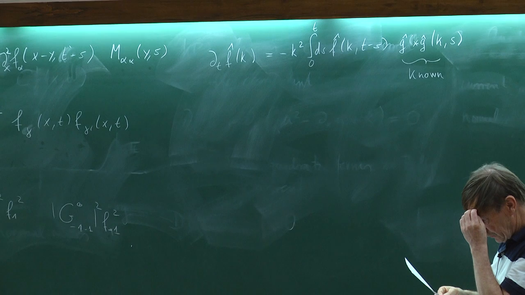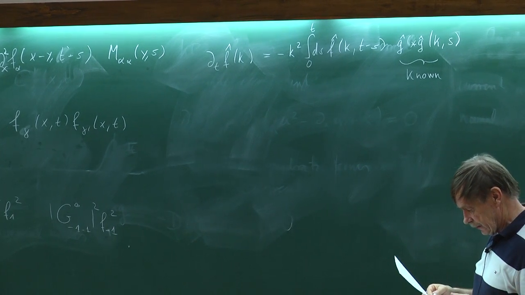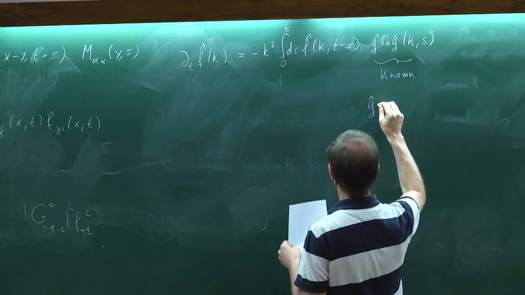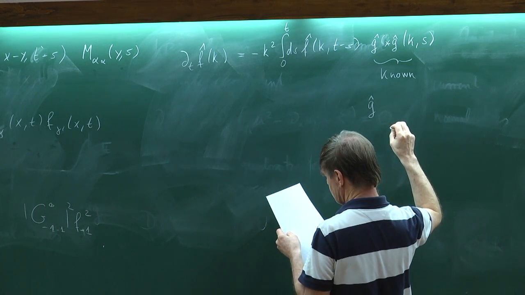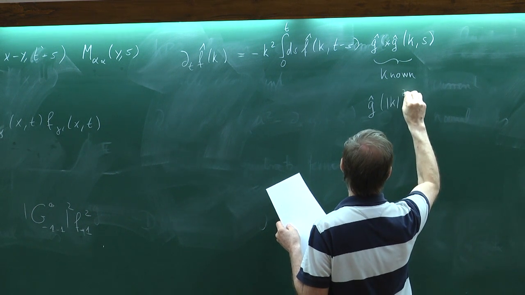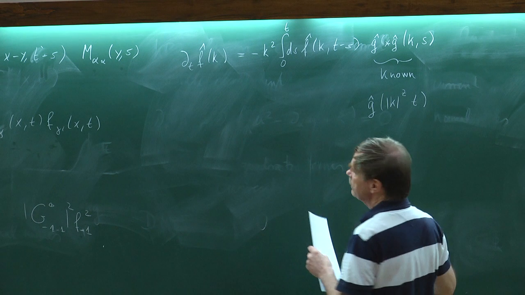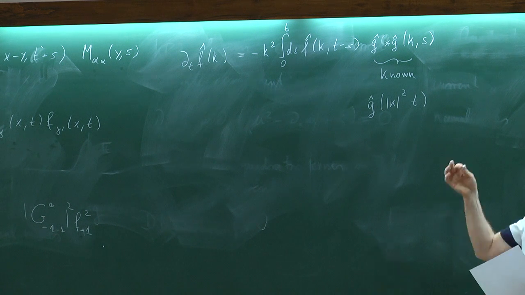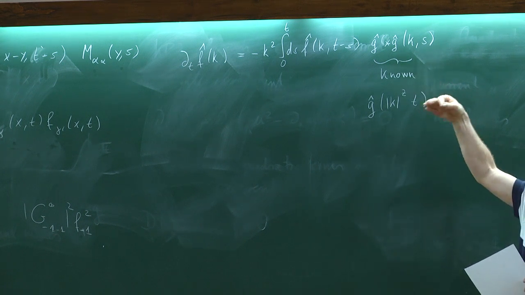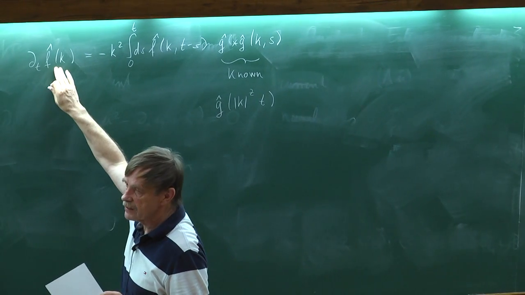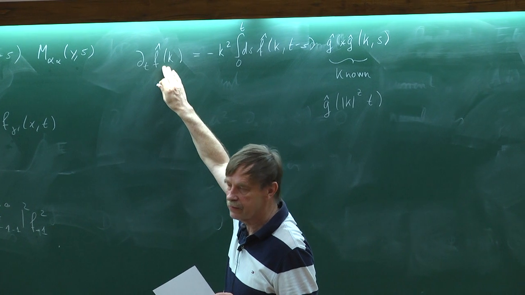Now the result is the following. Assume that this function is of scaling form and has a dynamical exponent c. In our case, the particular value of c would be 3/2. But let's simply assume that the function which I put in here is already of scaling form. Let's look at the long-time behavior and ask what the solution looks like.